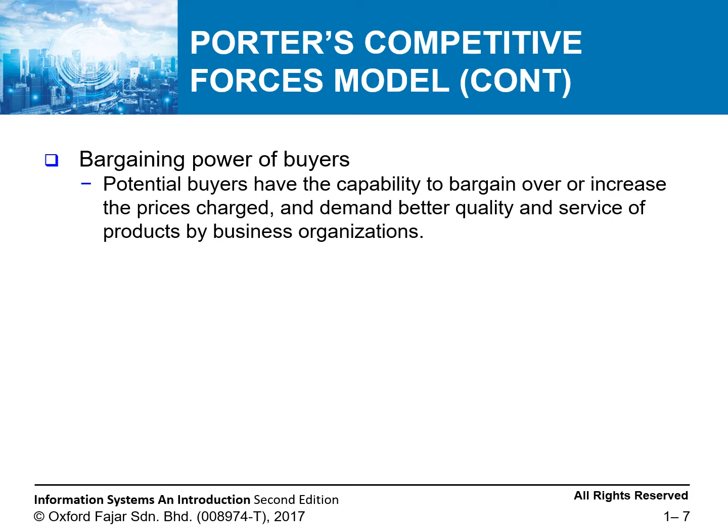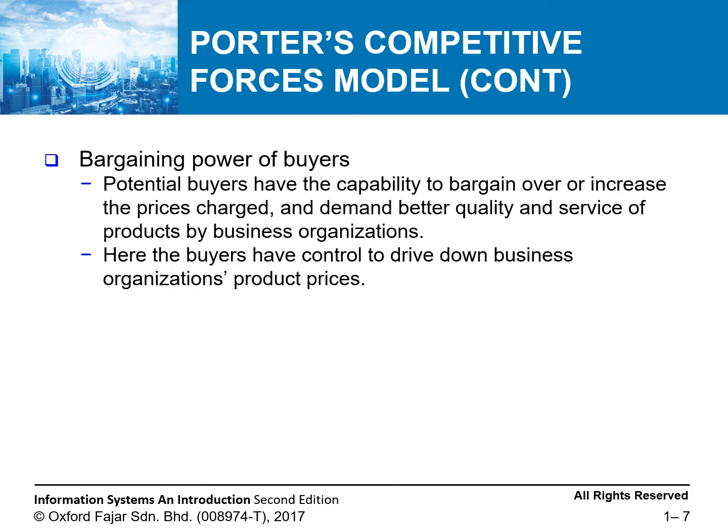So actually, the potential buyer have the capability to bargain over or increase the prices charged and demand better quality and also the service of products by business organization. And here in the bargaining power of buyers, buyers have control to drive down business organization product prices.